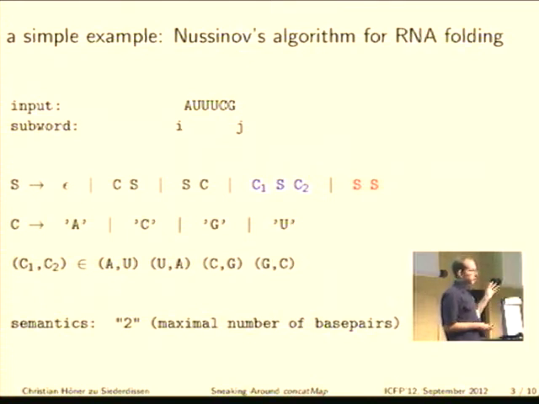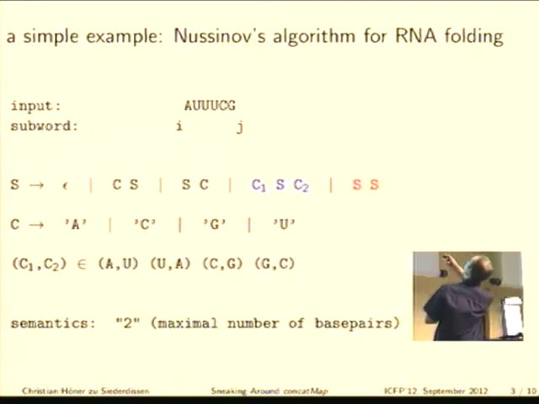So, as a very simple example algorithm, we want to have an algorithm that parses input like the input word up here. And let's sneak in a little definition, since our parser has to work on ever smaller or ever larger subwords or substrings.